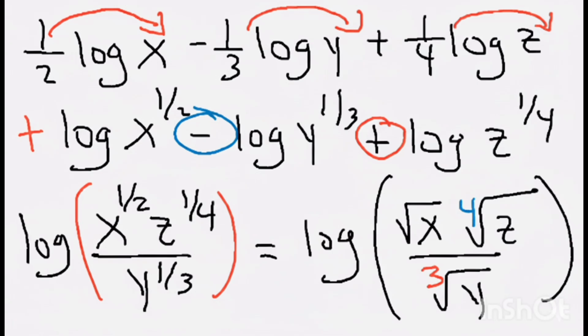So as you can see, we have x raised to power 1 over 2, we take the coefficient of the log as the power of x, minus log y to the 1 over 3 plus log z to the 1 over 4. So we bring the multiplication parts together. So that's why we have x raised to power 1 over 2, z raised to power 1 over 4, and the subtraction y raised to power 1 over 3. Now of course, x raised to power 1 over 2 is the same thing as the square root, and the other one is the 4th root of z over the cube root of y.